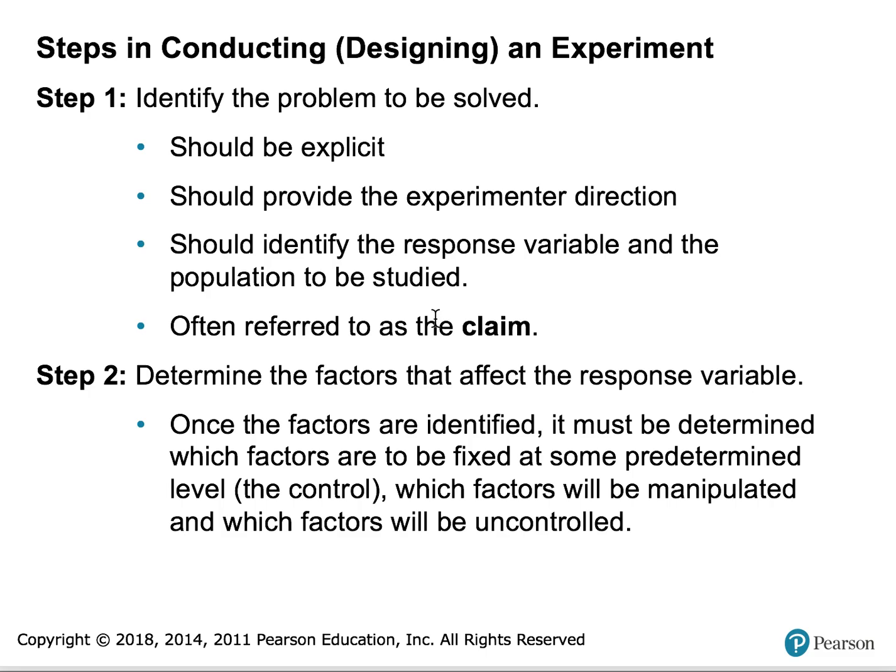So identify the claim. Step 2, determine the factors that affect the response variable. Once the factors are identified, it must be determined which factors are to be fixed at some predetermined level, that would be the control, and which factors will be manipulated, and which factors will be uncontrolled.